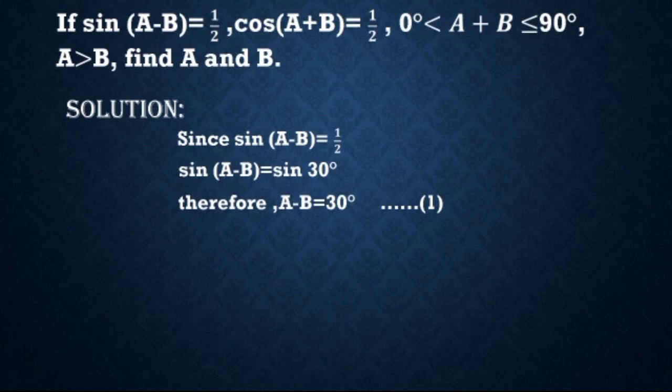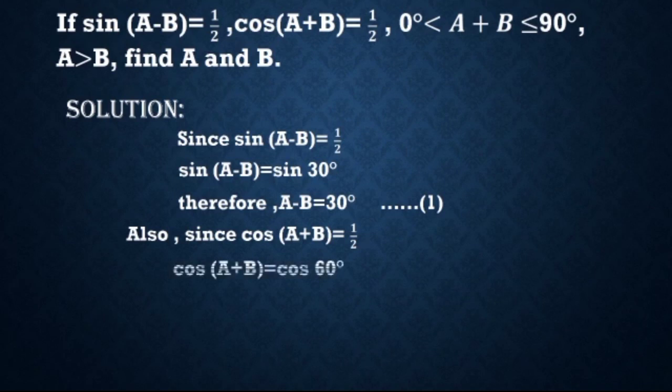Also, since cos(a plus b) equals 1 by 2, but in trigonometric cos values, cos 60 degrees is equal to 1 by 2. That's why cos(a plus b) is equal to cos 60 degrees.